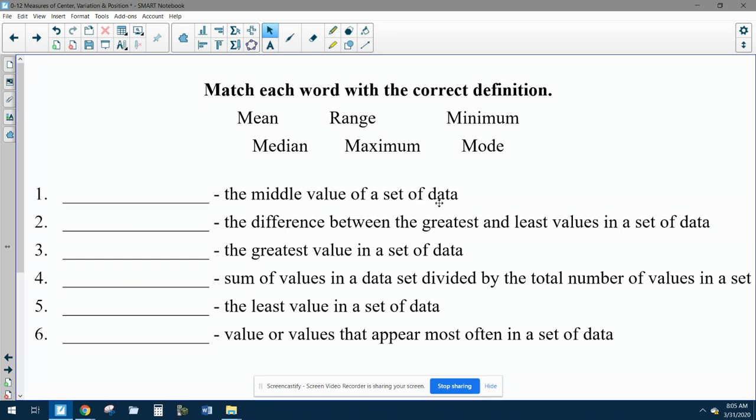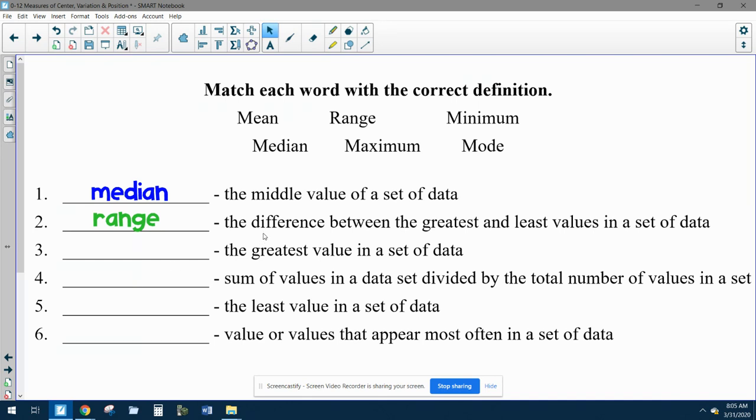The middle value of a data set. So this is just the straight middle, what values in the middle, that is the median. The median is the middle of a data set. The difference between the greatest and the least values in a data set, that would be the range, telling us how far apart the highest and the lowest values are. That's the range.